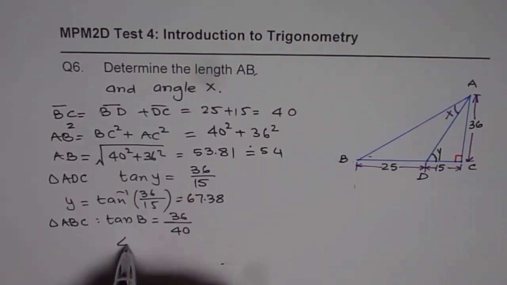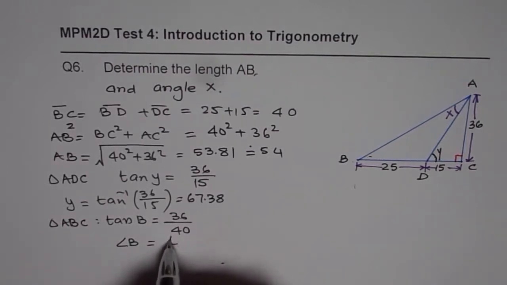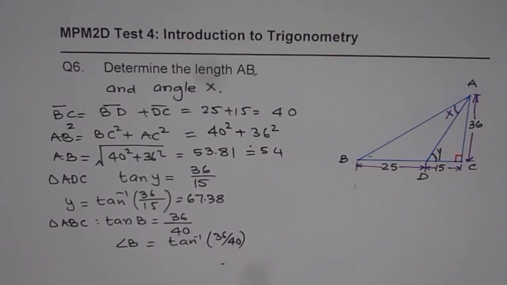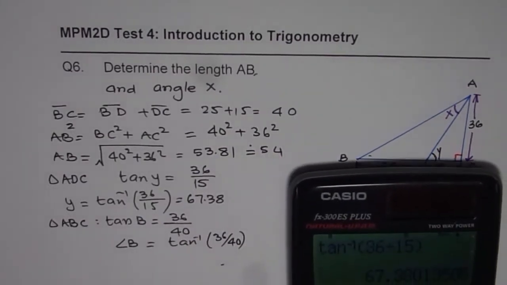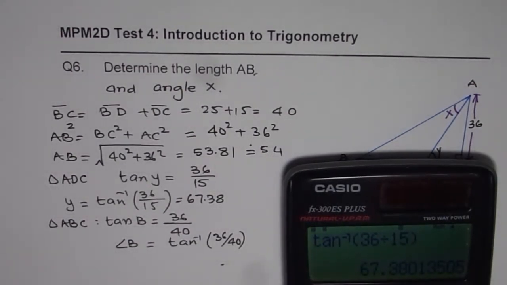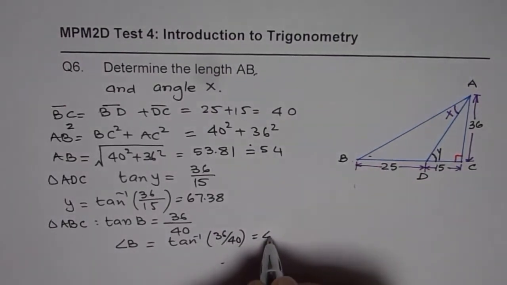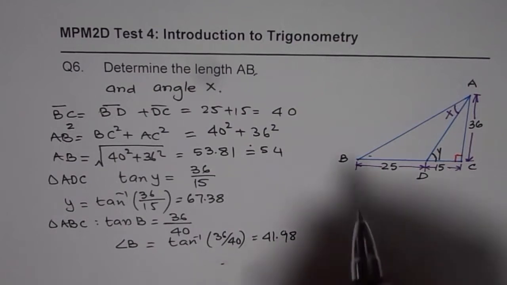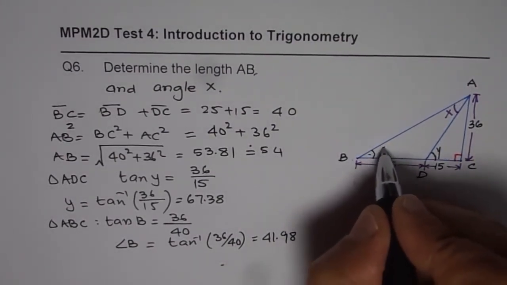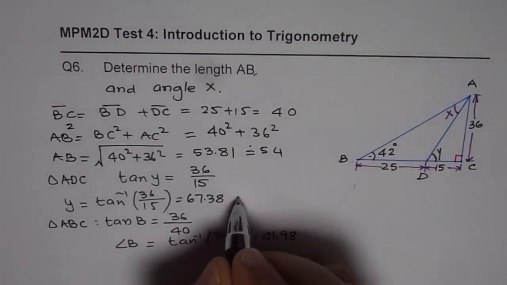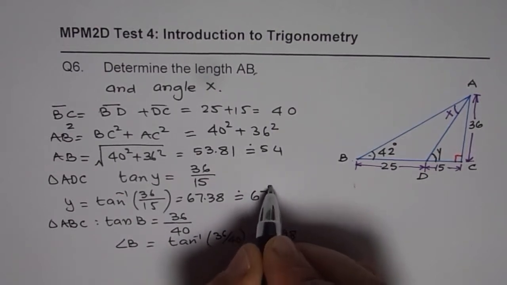So angle B is equal to tan inverse of 36 over 40. I'm not reducing it since we are using calculators. So shift tan inverse within brackets, 36 divided by 40, bracket close, equals 41.98. So we can write this angle B as 42 degrees, and angle Y, let's approximate it to 67 degrees, right?